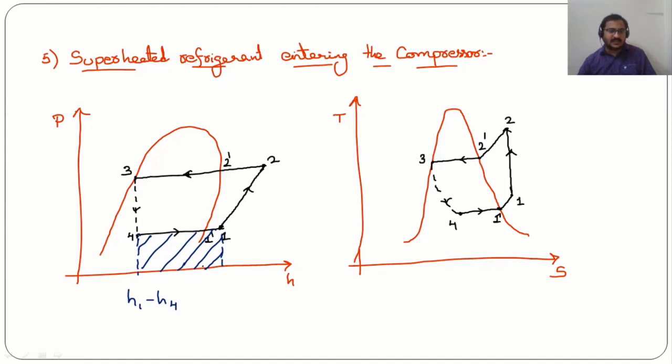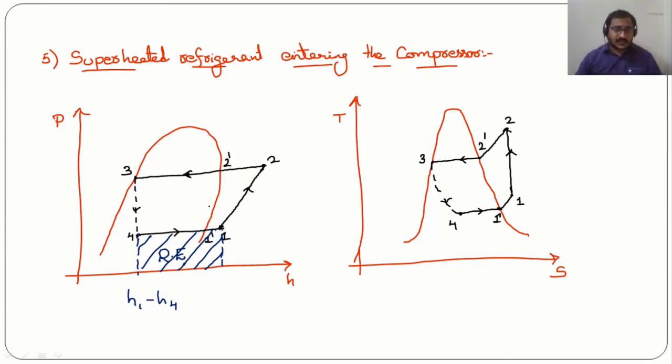The area under this 4-1 curve will give us the refrigerating effect. So this refrigerating effect is more compared to all the 5 conditions. As a result of that, this condition will give us more COP. But here the evaporator should function very perfectly, then only we will be able to achieve the superheated condition at the end of this evaporator. So this is one important thing that we need to remember here.